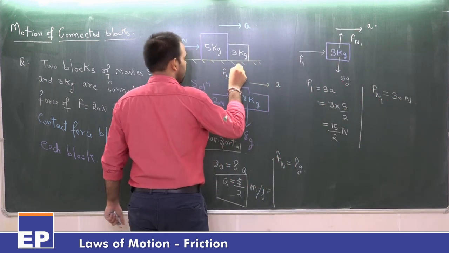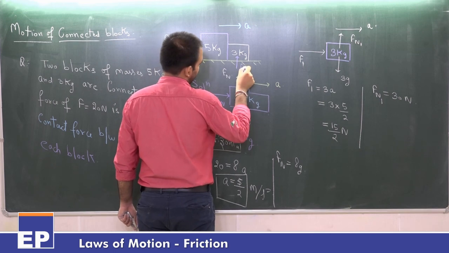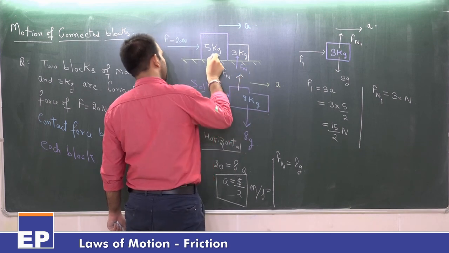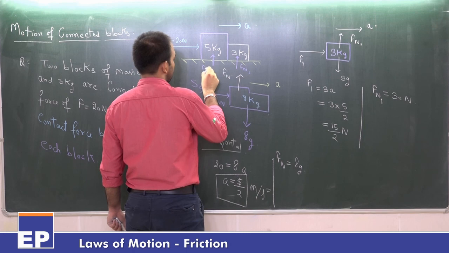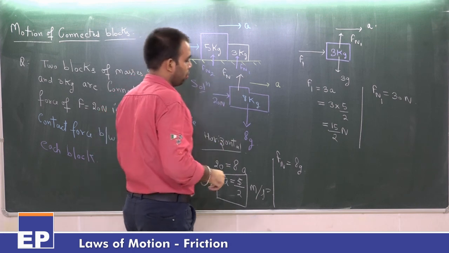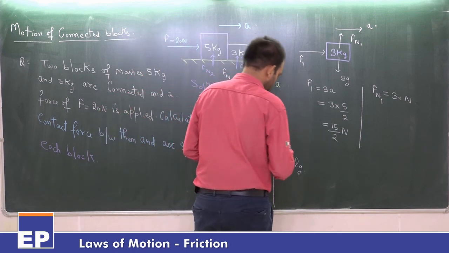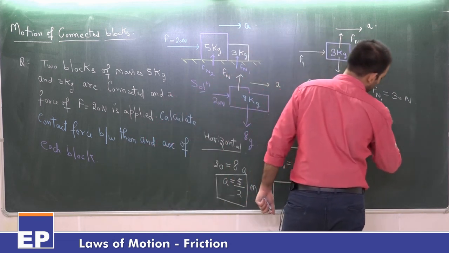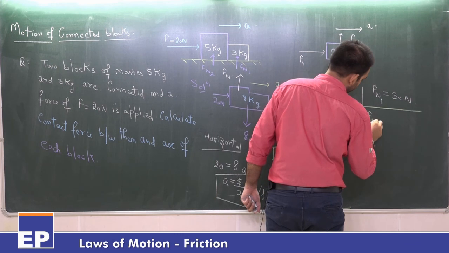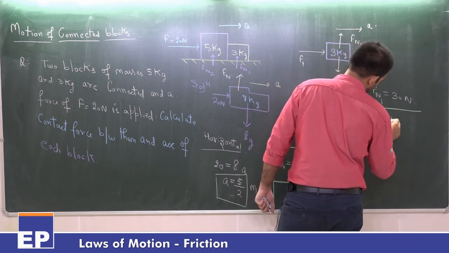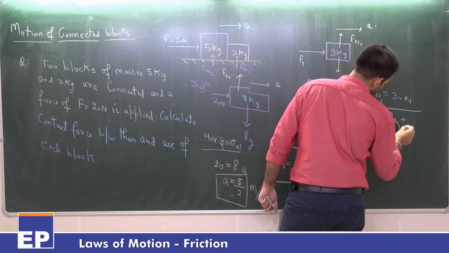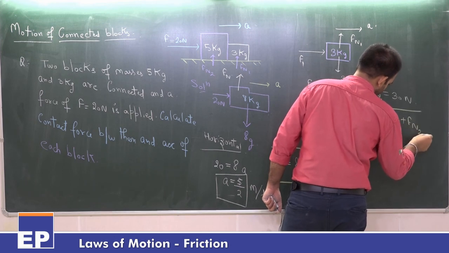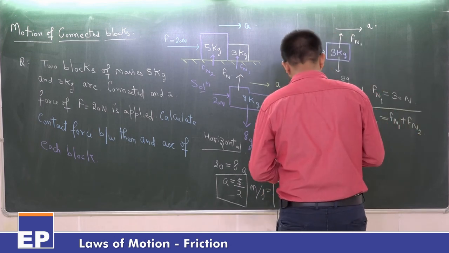Here it is acting, that is Fn1. Here it is acting, that is Fn2. And Fn is the summation of Fn1 plus Fn2. So we can also write Fn is equal to, now what is Fn? 8g, 80.